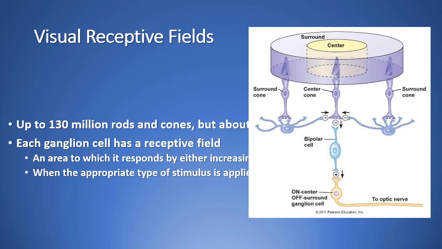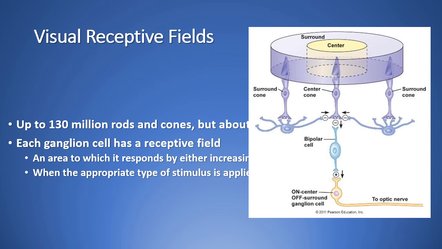Okay, so if you shine a light, for example, on the center of this receptive field, if this one is an on-center, off-surround, then you will cause the ganglion cell ultimately to turn on, to start firing much faster than its base rate.